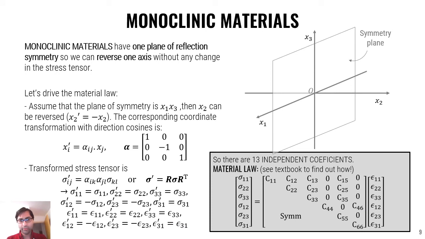Okay, note that we have sigma 11, 22, 33, and the rest of the elements are unique as well, but note that now some of the elements are 0. As a result, we have only 13 independent coefficients.